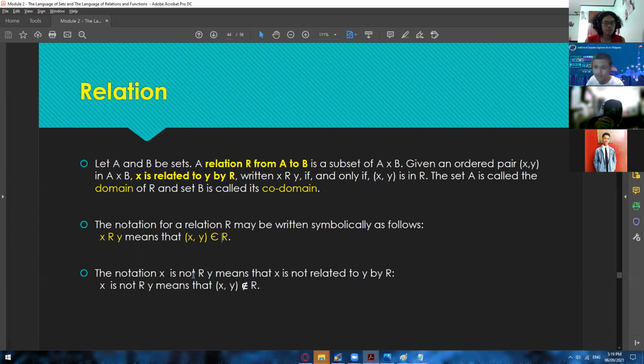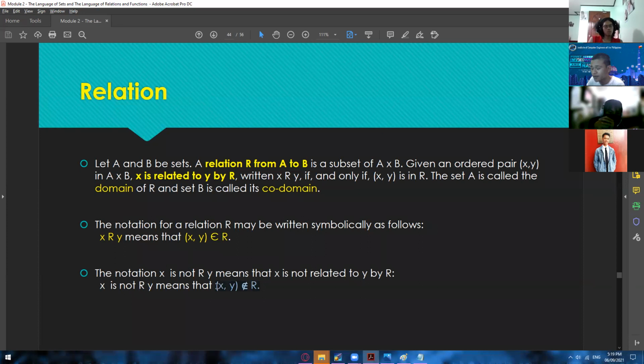The notation x is not related to y means that x is not related to y by R, or in symbolic form, (x, y) is not an element of R.